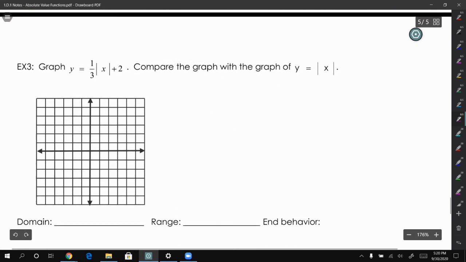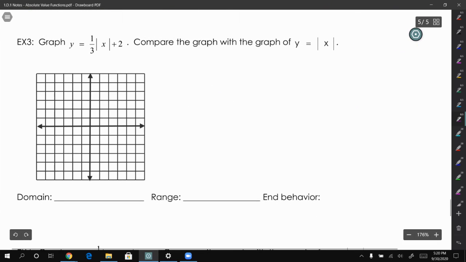Let's look at the next page. So again, same thing. We have y equals 1/3 absolute value of x plus 2. So RST. There is no reflection. There is no negative sign out in front. So no reflection.